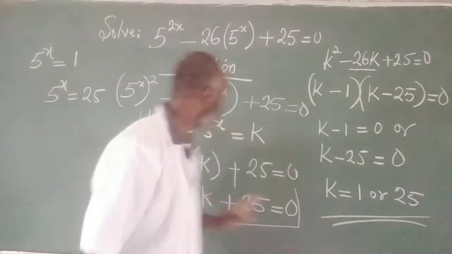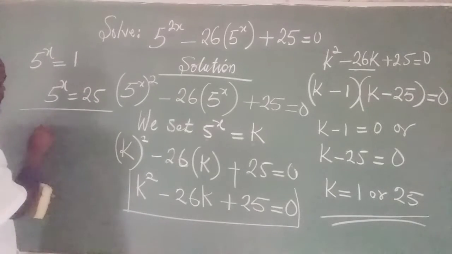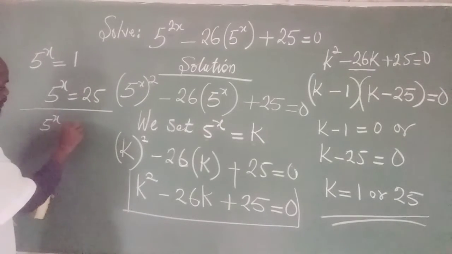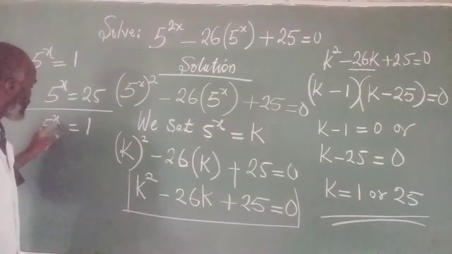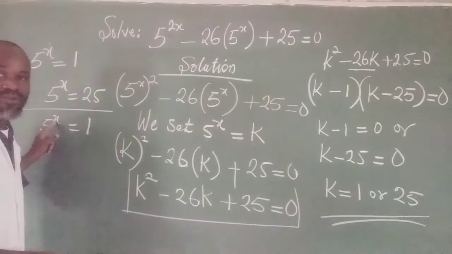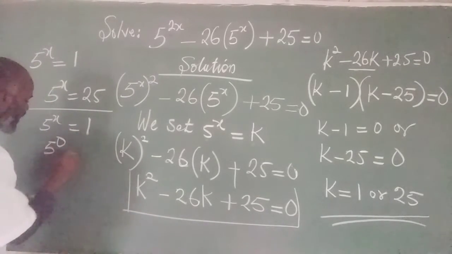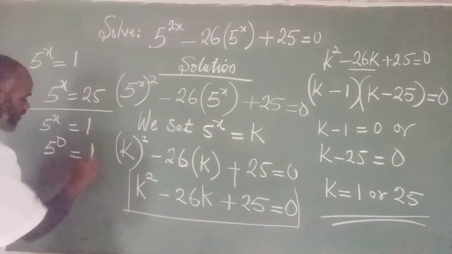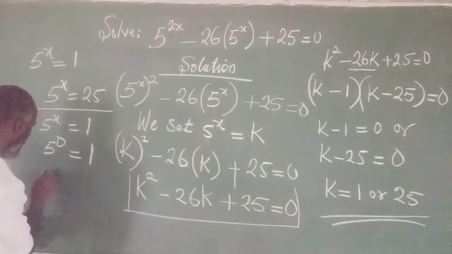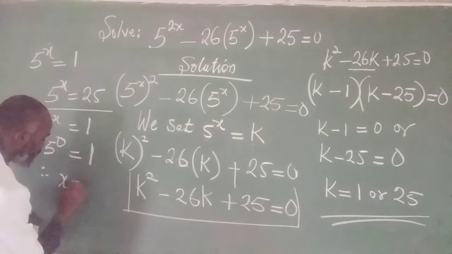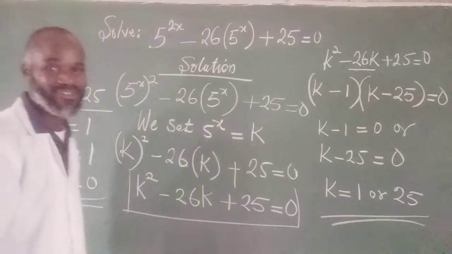So we have used them now. What does this mean? First of all, 5^x is equal to 1. What is that number that when you raise it to x will give you 1? This means 5 raised to the power 0 is equal to 1. Therefore, x is equal to 0. This is solved.